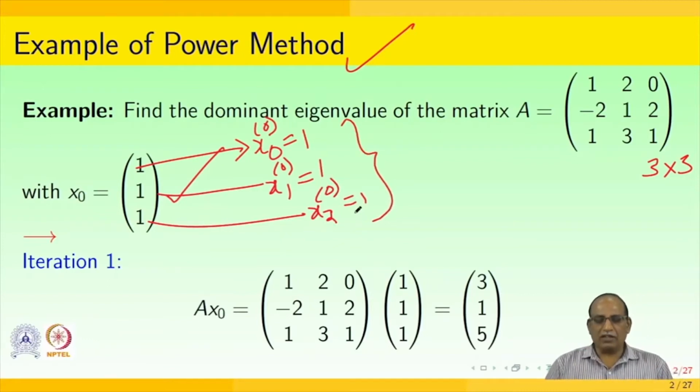So all three initial vector entries are given. Now I apply the algorithm of the power method for the matrix A.